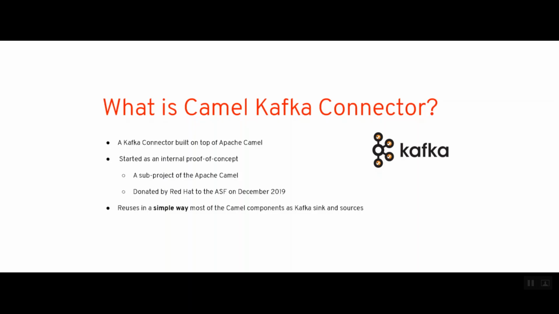This idea started as an internal concept in Red Hat, and it is now a project of Apache Camel. It was donated by Red Hat in December 2019. And the idea, as I said, is to reuse Apache Camel in a simple way as Kafka sink and source connectors.